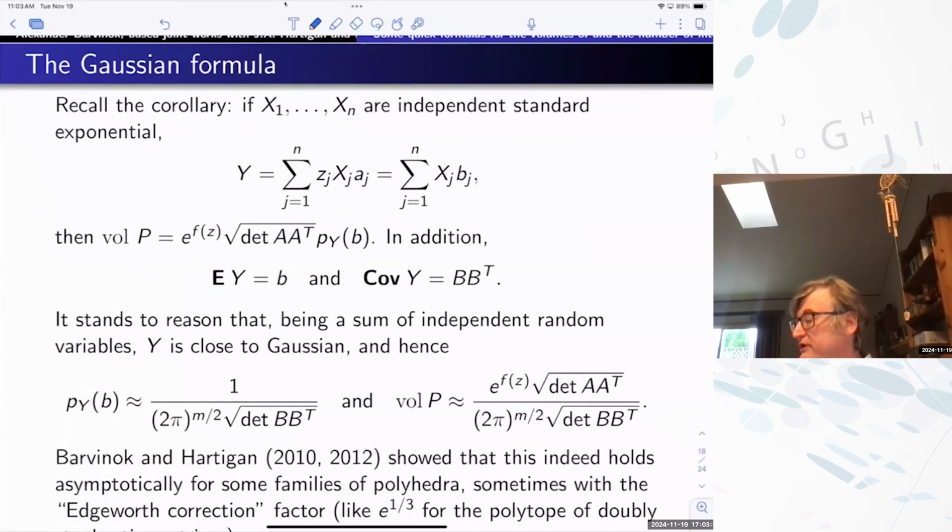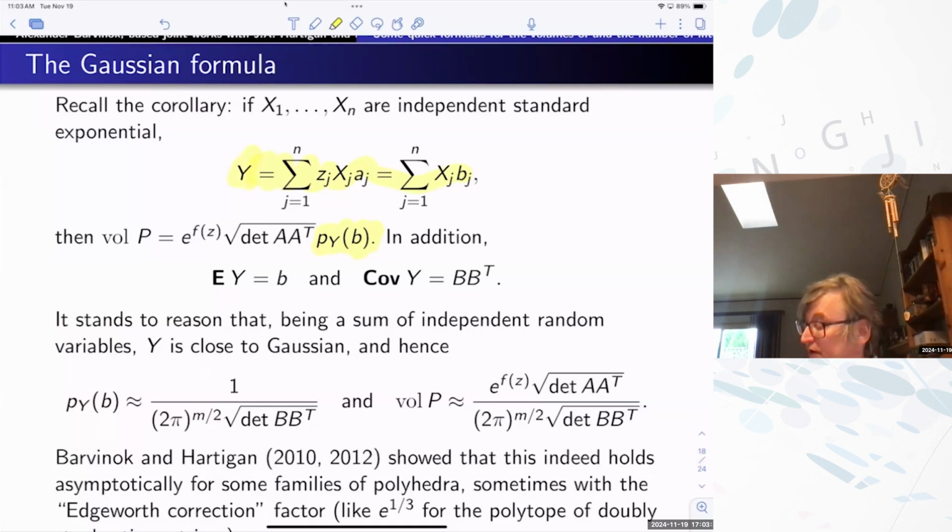So where is this Gaussian formula coming from? Where is the square root of 2 pi? So as we discussed, the volume can be expressed in terms of the value of the density at its expectation. And the thing is that the random variable is the sum of independent exponentials.